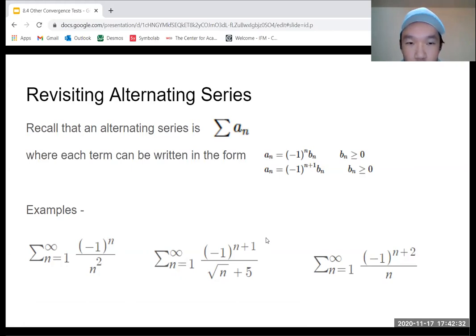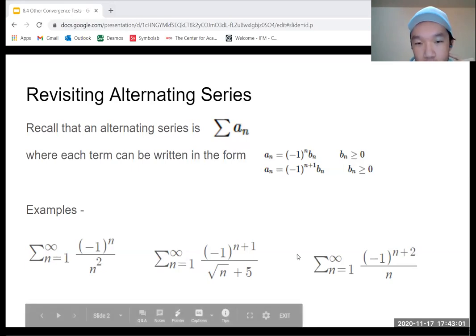What would be b sub n in the third series? 1 over n. Yeah, it is 1 over n. So 1 over n is the b sub n part in the third series.